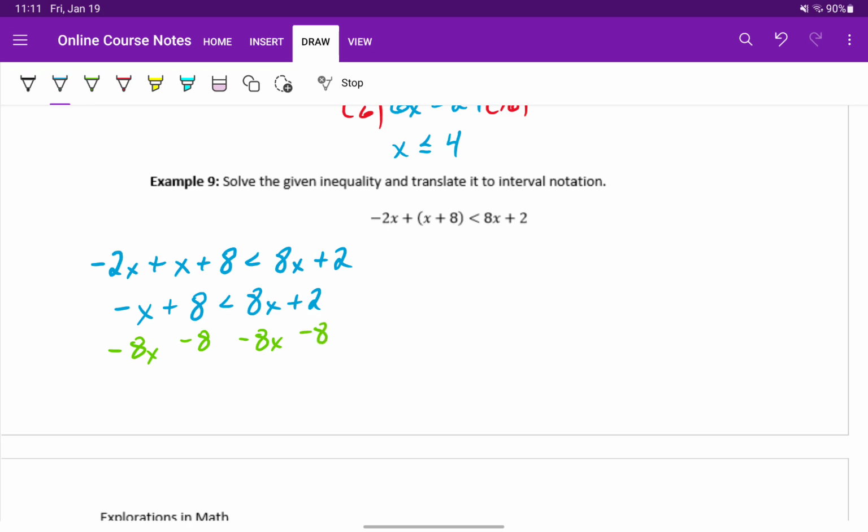That will leave us on the left-hand side with -9x is less than -6.